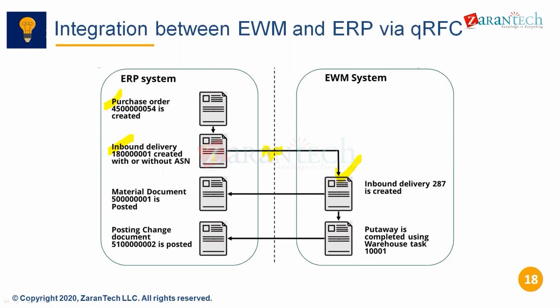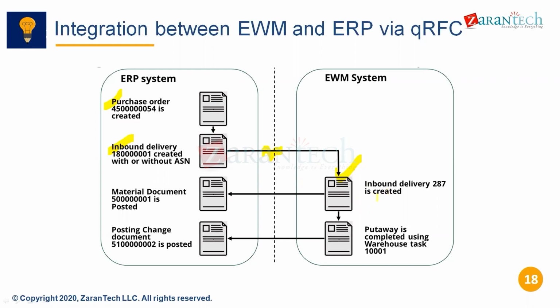In this inbound delivery, we'll see our 3-character ERP warehouse, and when it is saved, when we log into any EWM delivery, our warehouse will be the 4-character warehouse. So whichever document you see on the ERP side that has a warehouse field, we'll see the 3-character warehouse.